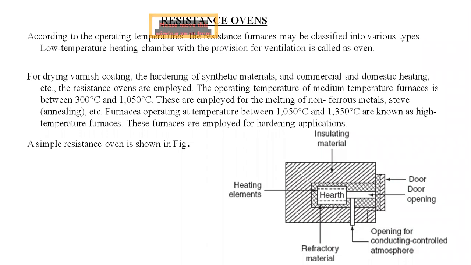If you want to use the oven above 1050 degrees centigrade and below 1350 degrees centigrade, these are known as high temperature furnaces. Based upon the heating temperature, you construct your heating furnaces. These high temperature furnaces are employed for hardening applications.